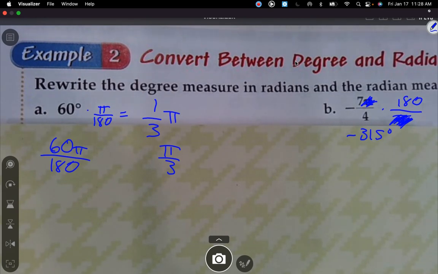I know that 60 degrees is the same thing as pi over 3. When it's in the numerator, you multiply. When it's in the denominator, you divide. So if you go from a whole number, then your pi is going to be in the numerator. If you go from something that already has a pi, then you have to put pi in the denominator because they have to cancel out.